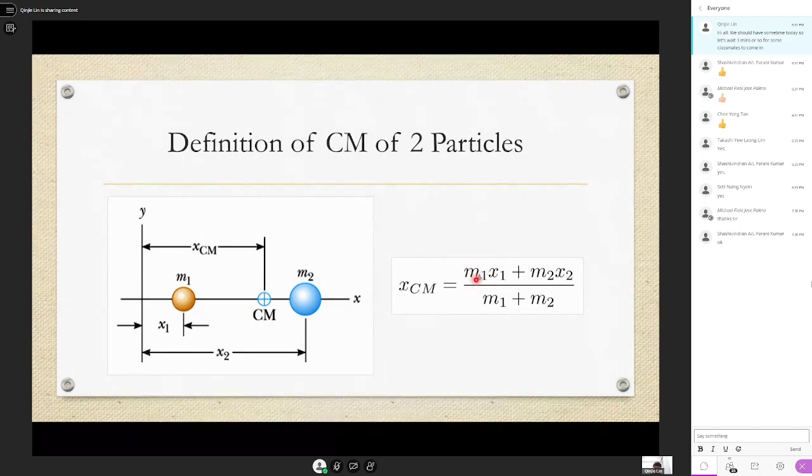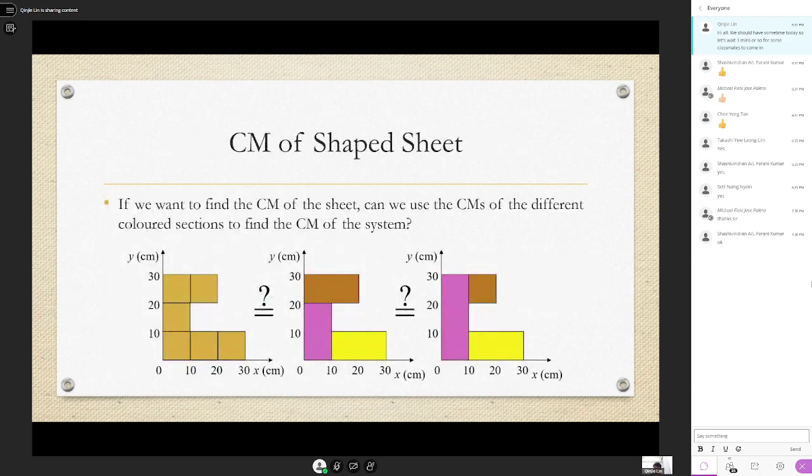So in this case, M1x1 plus M2x2, again same reference point, divided by the total mass. Basically you sum up each of them individually, then divide by the total mass to find the average distance away from the reference point. In this way, you will get the center of mass.